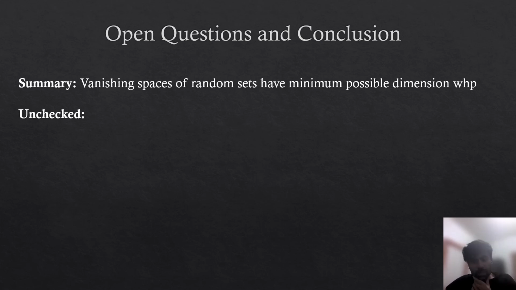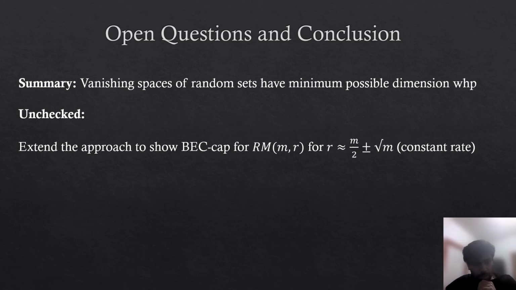And here are some unchecked boxes which we would like to check. One is that we would like to extend this approach to work for r beyond gamma m; there was some small constant gamma up to which we were able to push r by m to b. We would like to get closer to m by 2 plus or minus square root m, which is the constant rate regime, and give a unifying proof for a large range of parameters.